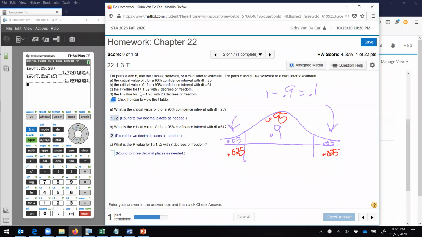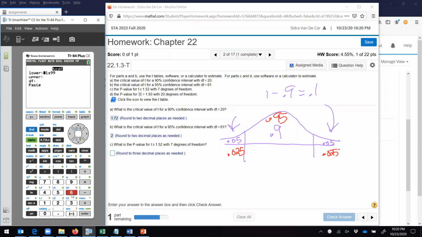All right, the p-value for t greater than or equal to 1.52 with 7 degrees of freedom. We're going to use second distribution, and there's our tcdf, the cumulative density function for the t curve. Just like we were using the normal CDF for the z's, we use tcdf.